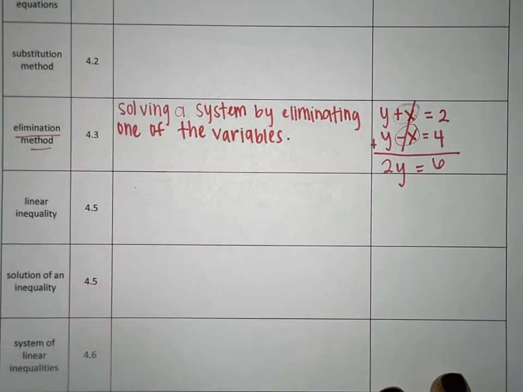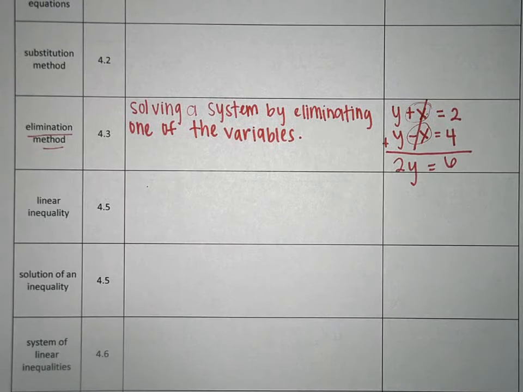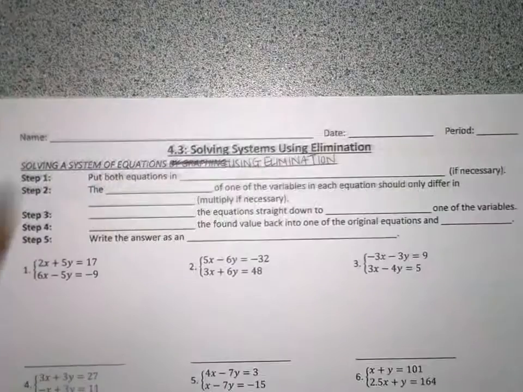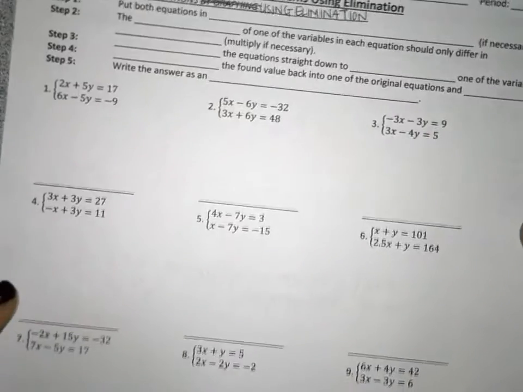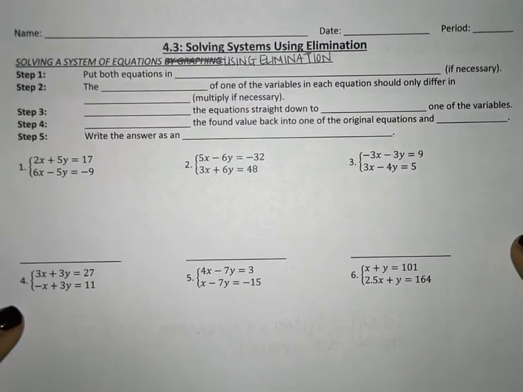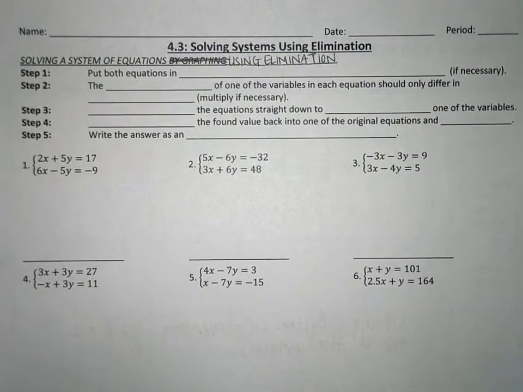If at any time I am going too fast and you need a little more time to write it down, just pause the video and you can catch up. So let's talk about 4.3. We're going to solve a system using elimination.